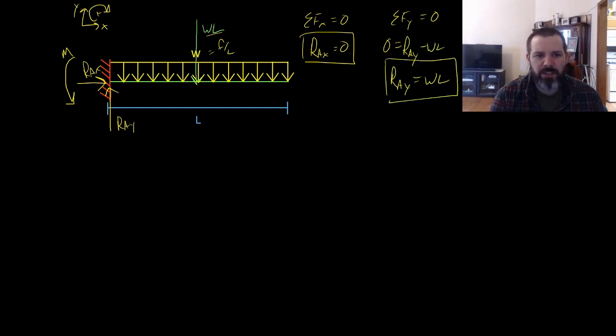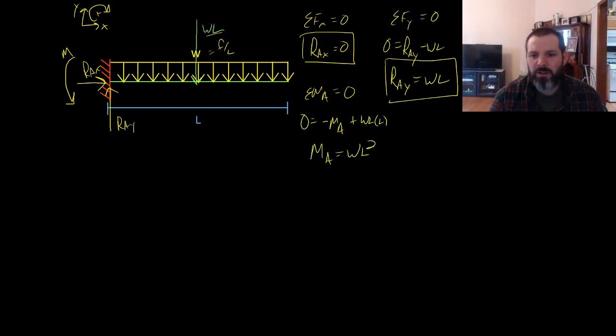And if I sum the moments around A, they have to equal 0. 0 is going to equal minus MA first, plus WL times L, which is WL squared. MA will equal WL squared.